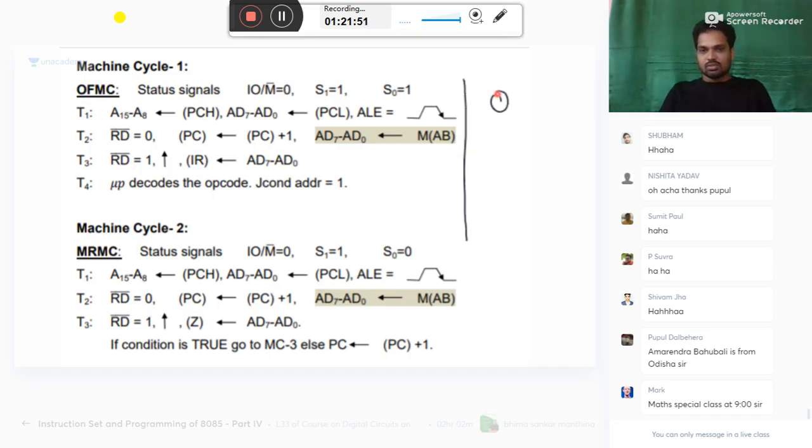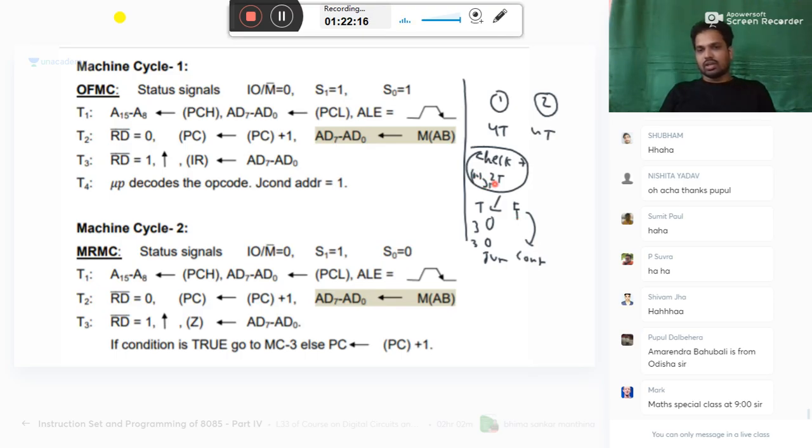The first method is 4 T states, and now check that, so some extra 2 T states are required. Then if it is true, 3 T jump. If false, directly continue. This is one method. Say it may require 2 or 3 T states, forget about it.